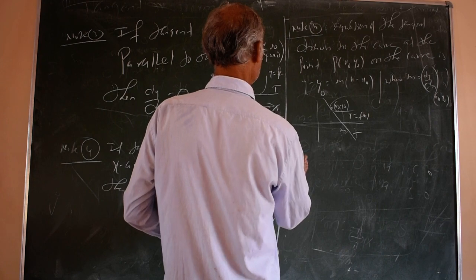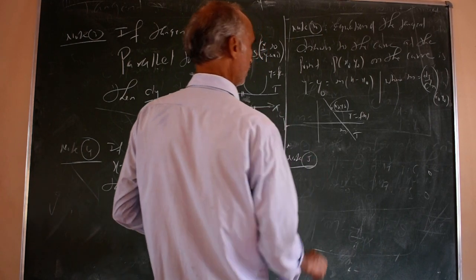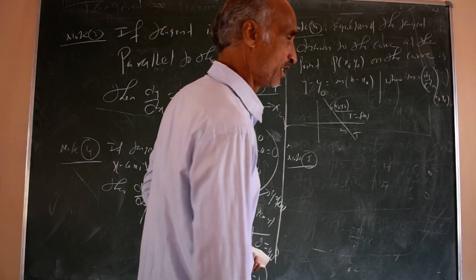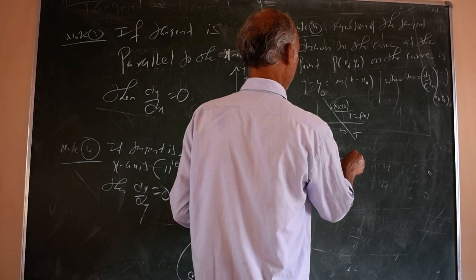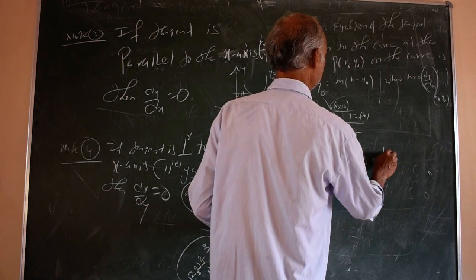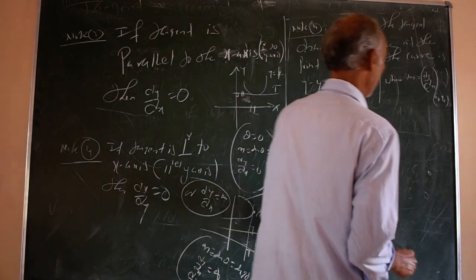And note number 5, the last note: normal is perpendicular to tangent. Normal is a line perpendicular to tangent.